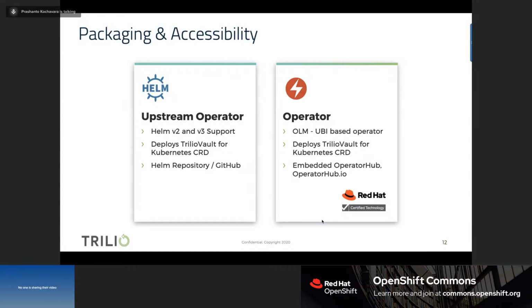On the OpenShift side, we have an OLM-based operator as well on a UBI image. What this operator does is it deploys all the CRDs to manage the product. And we are directly embedded within Operator Hub, as I already mentioned, and we will be available in operatorhub.io as well.